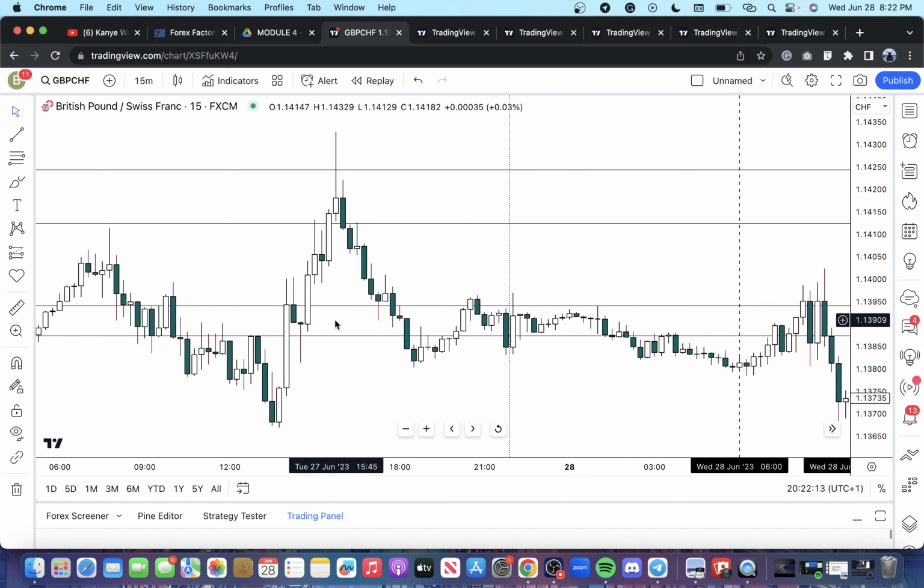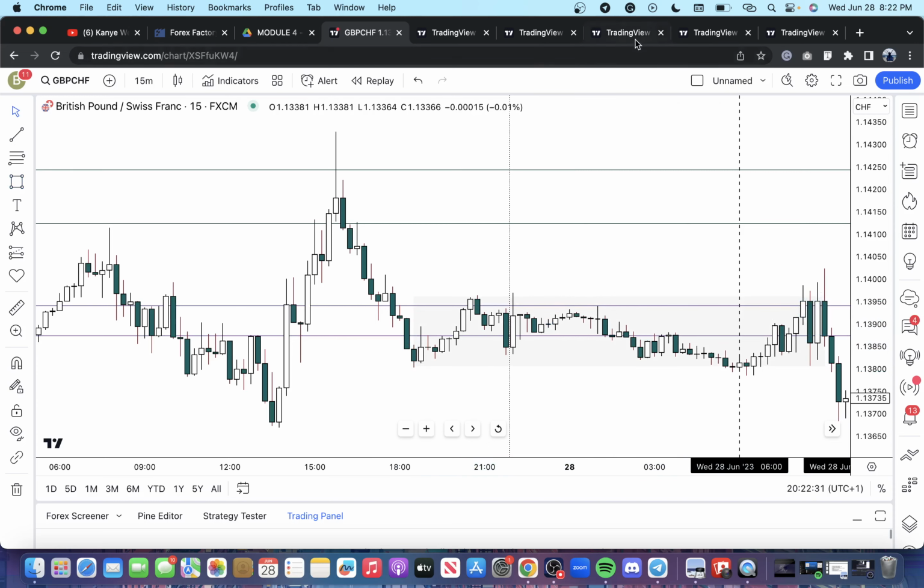Now we have a range defined, which is here as external buy side liquidity, here as external sell side liquidity, here as internal sell side liquidity, here as internal buy side liquidity. So we actually have a consolidation here. Okay, this is our consolidation.